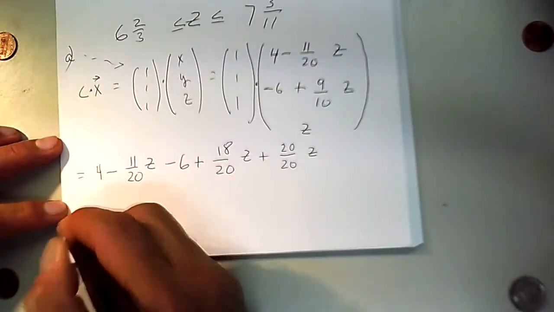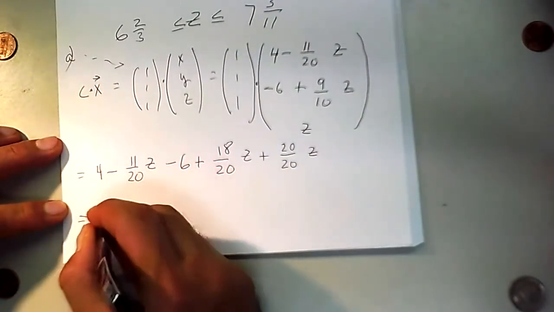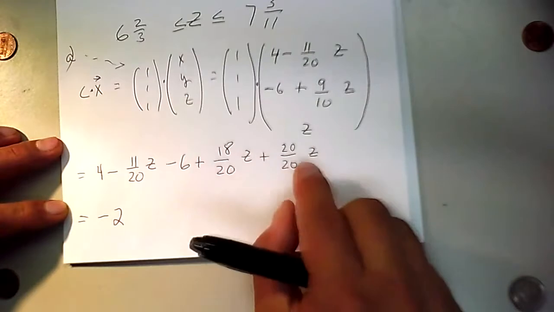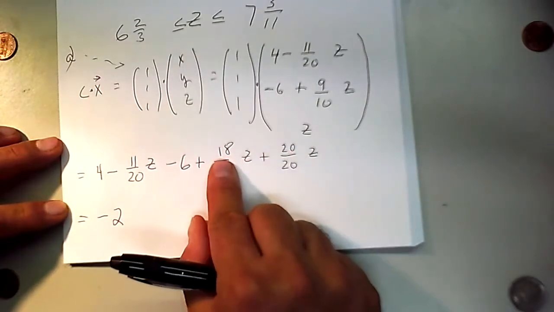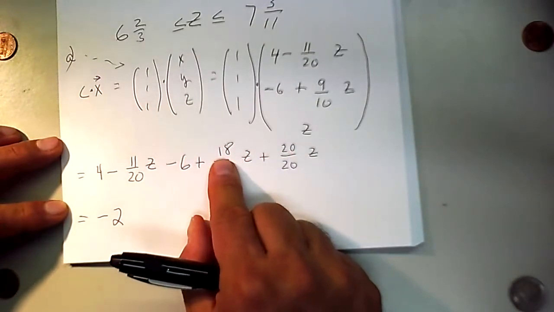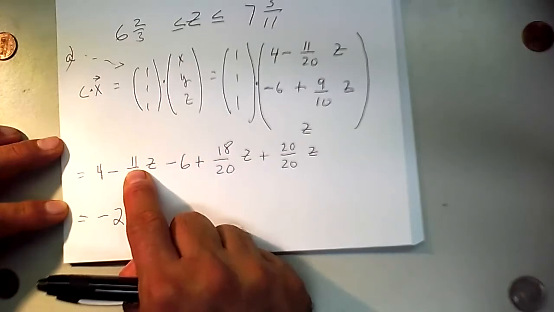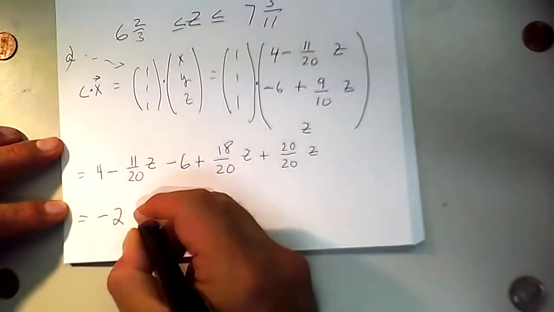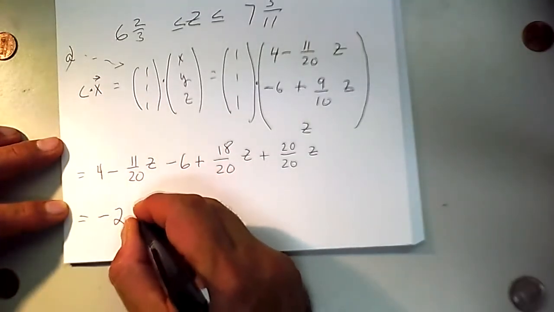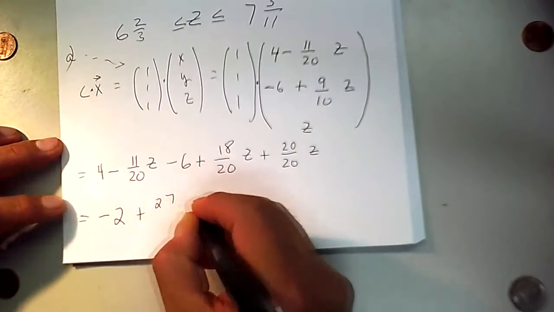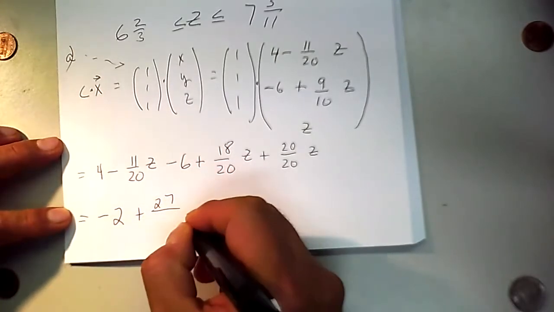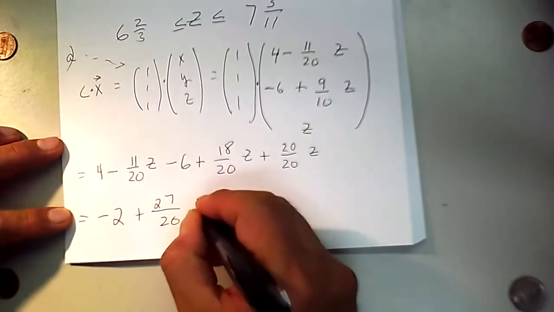So that is negative 2. We got 20 plus 18, 38, minus 11, 38, that's 27. So plus 27 over 20 Z.